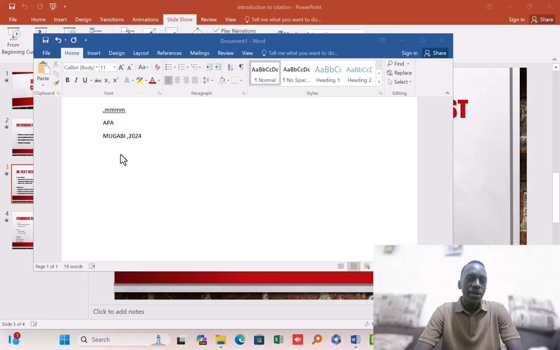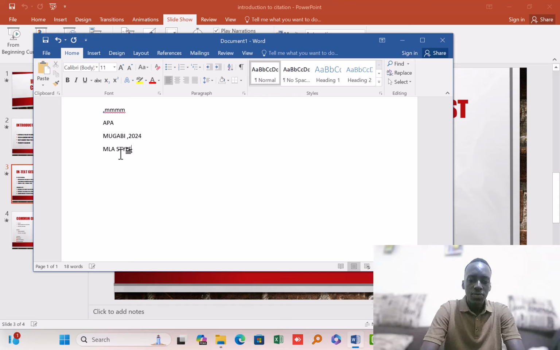Then with the MLA style, this one is used in the humanities. You will always quote a full page of work, so you will always have the page number.